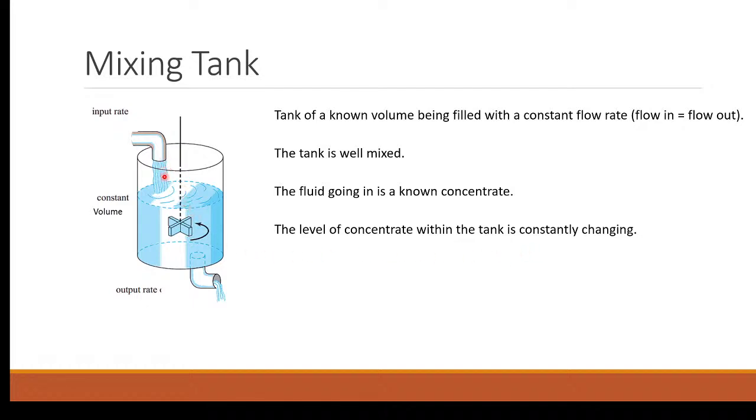Whatever's coming into this tank is known, and what's in the tank is constantly changing, meaning some mixing is happening, so the tank may not have a consistent amount. There's some difference between the two.